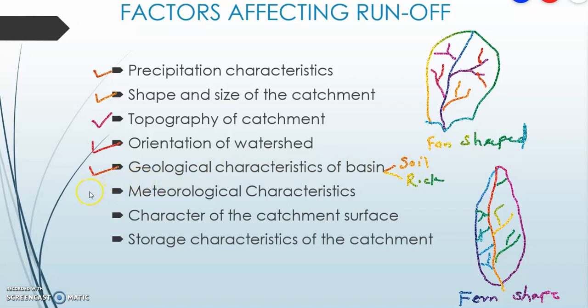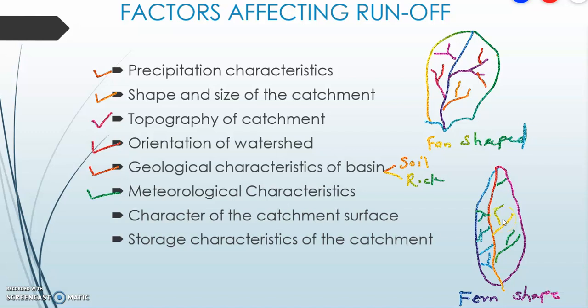Then the next parameter is meteorological characteristics. Here it includes temperature and humidity. In a regular area, if the temperature is high, more evaporation will be there, so less runoff will be there.